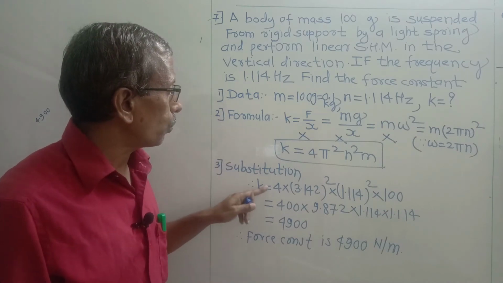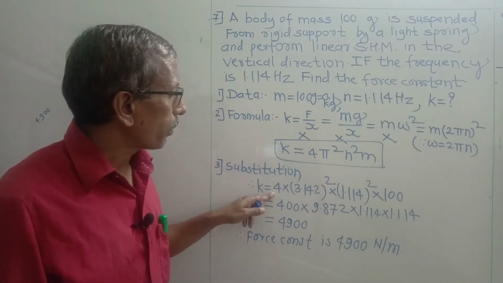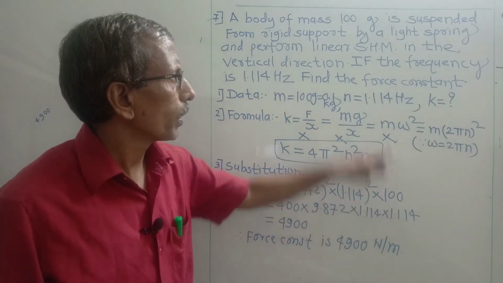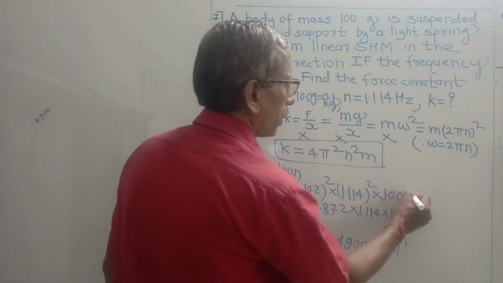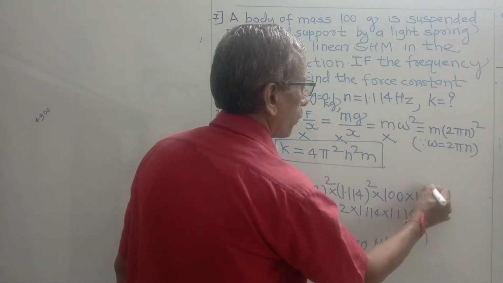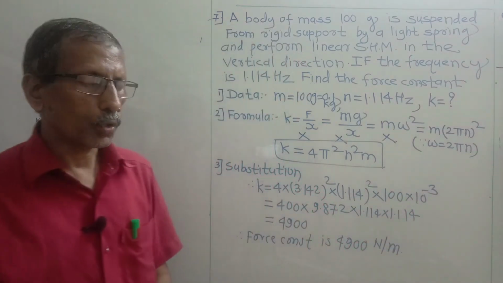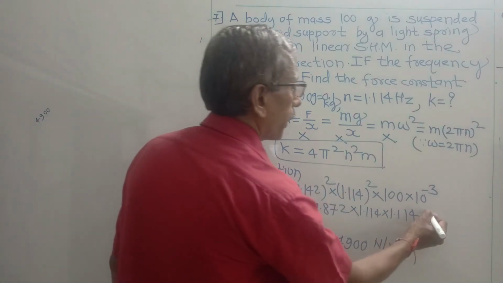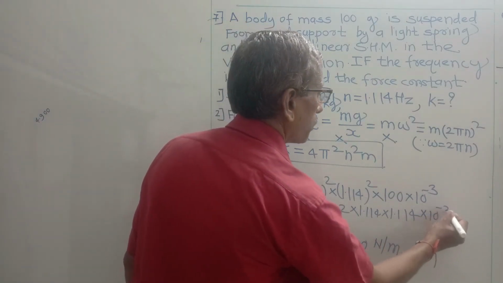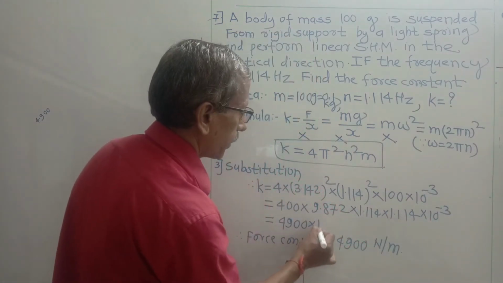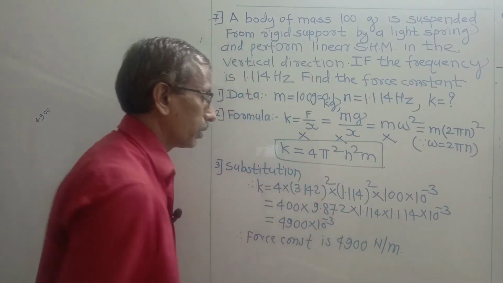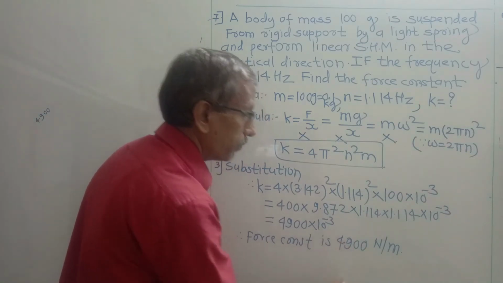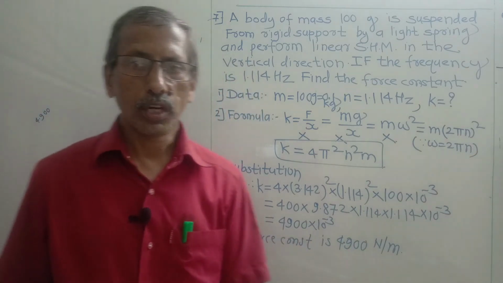K is equal to 4 pi square n square into m. 100 gram means 100 into 10 raised to minus 3, converted into kilogram. So into 10 raised to minus 3 into 10 raised to minus 3. So this answer is 4.9 Newton per meter.